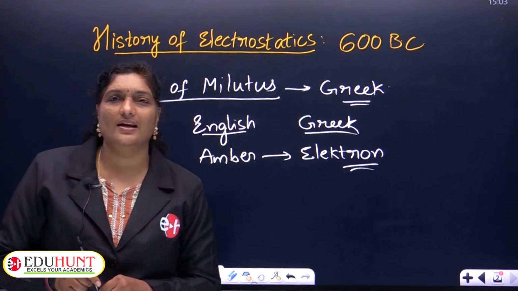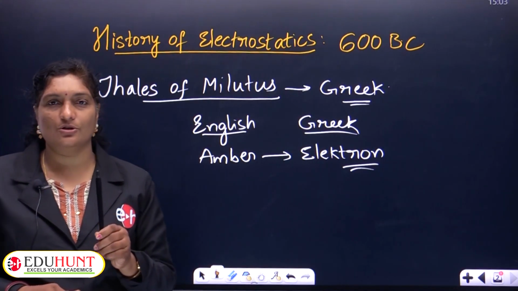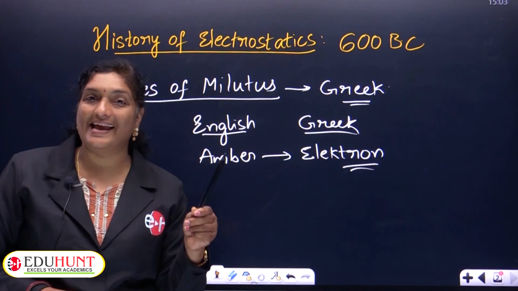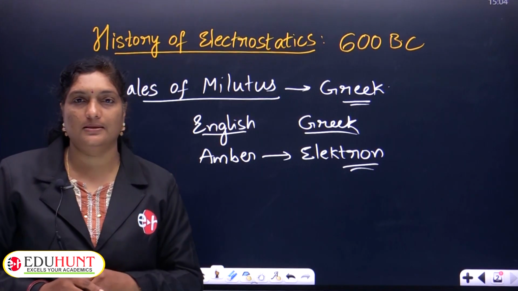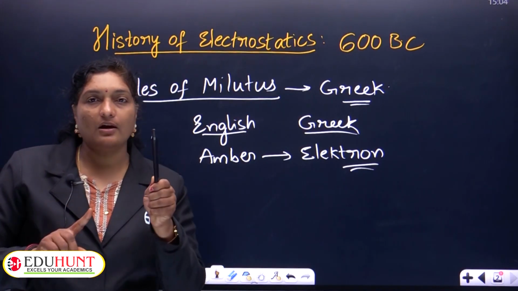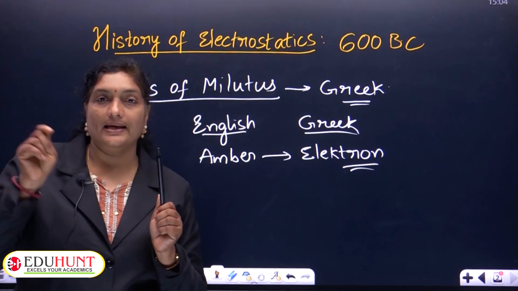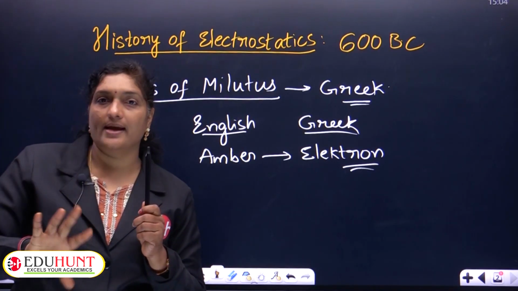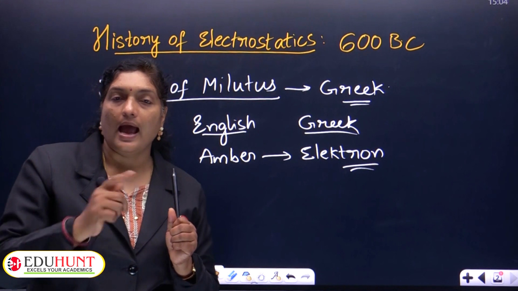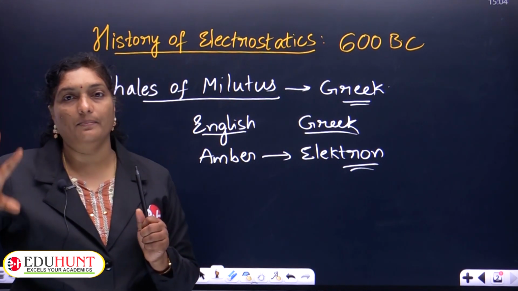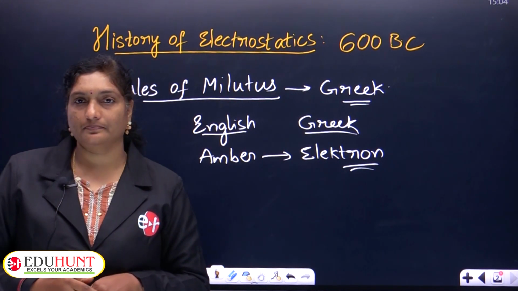What is meant by neutrality? Every object consists of an equal number of electrons as well as protons. So, whenever one object is rubbed with another object, there is a tendency that one object may lose electrons, whereas the other object may gain electrons.